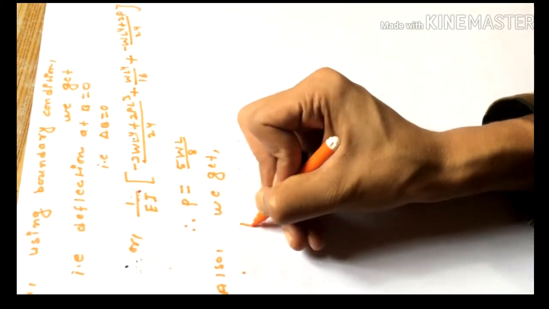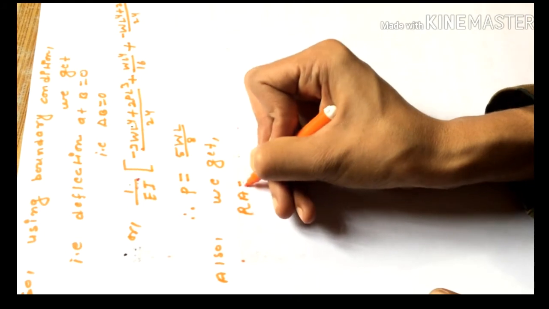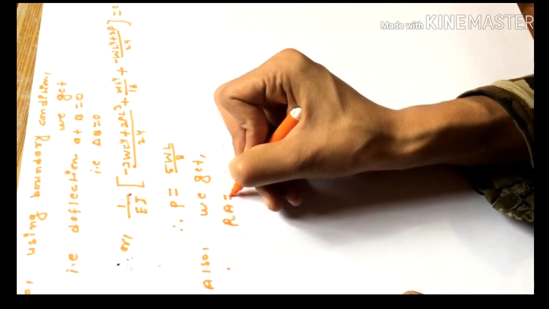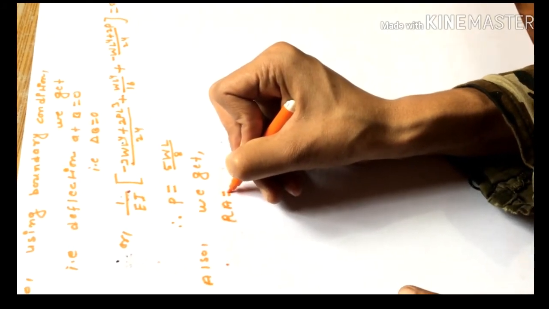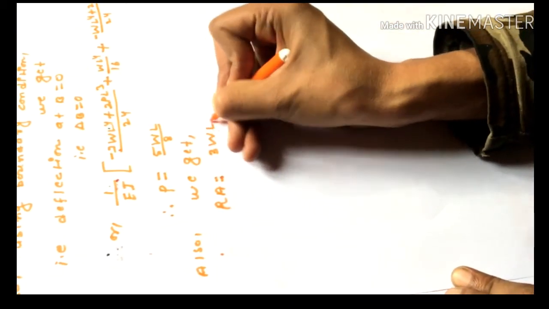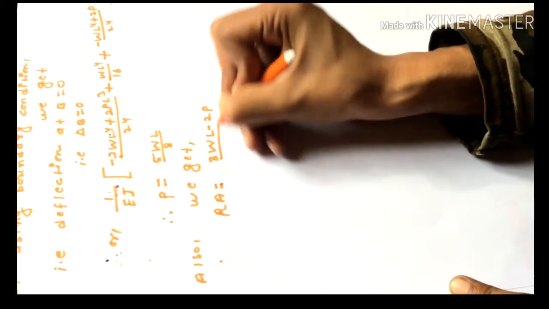RA is equal to 3WL minus 2P divided by 4.